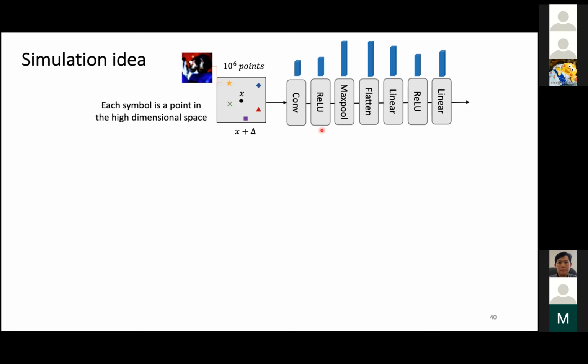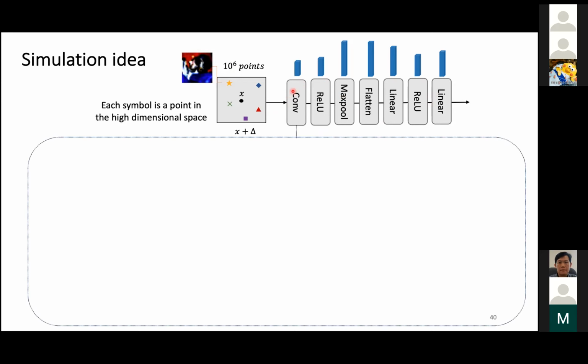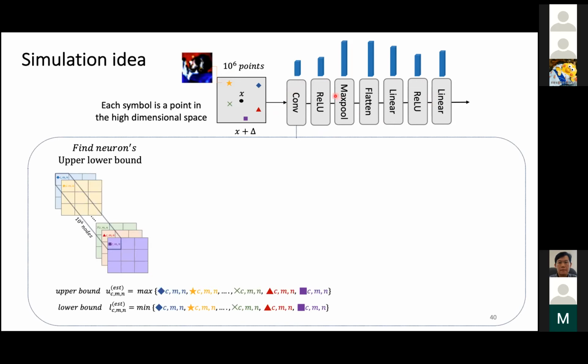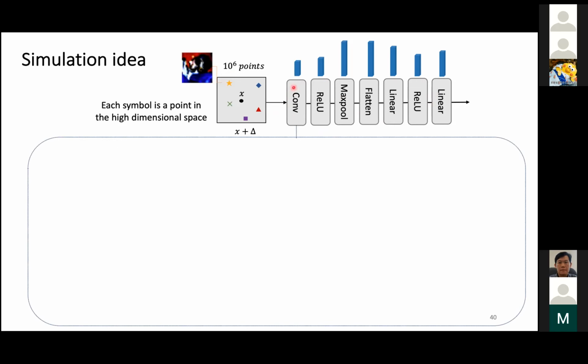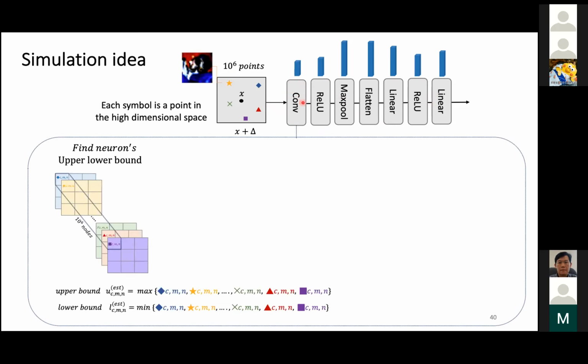Let's take a look at how to get the convolution bounds. Assume the convolution operation has just one kernel, so we get the corresponding 100,000 output feature maps from the convolution operation.